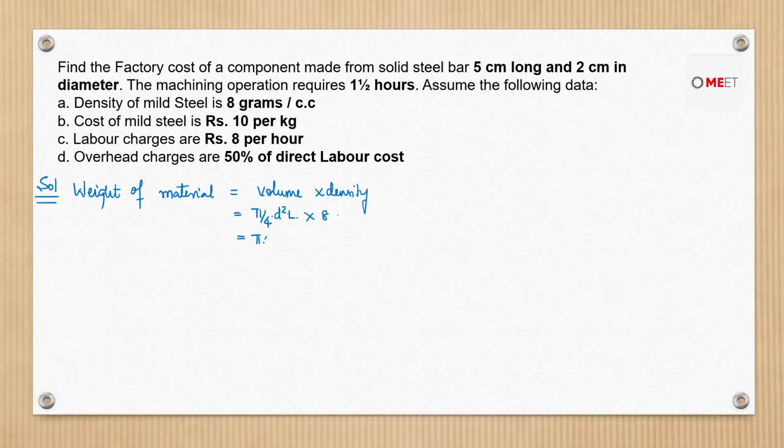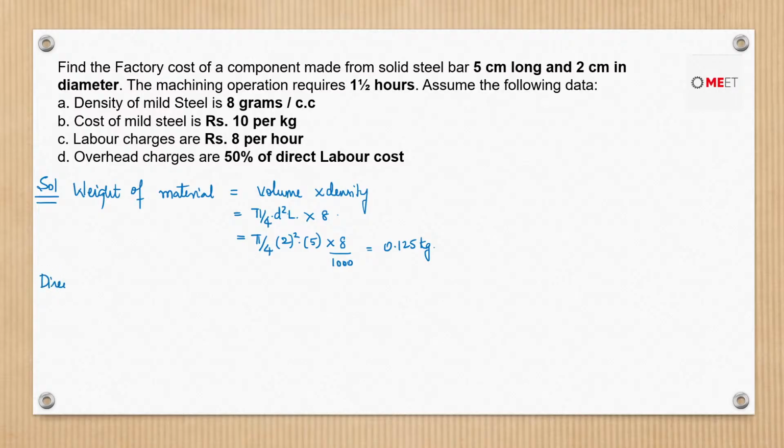So pi by 4 into diameter 2 centimeters, 2 square, into length 5 centimeters, into 8. If we calculate this in kgs, that is, divide this by 1000, this would be equal to 0.125 kgs.